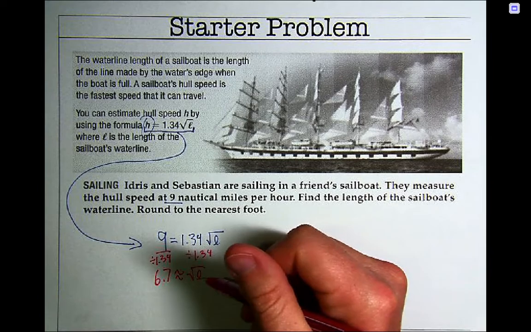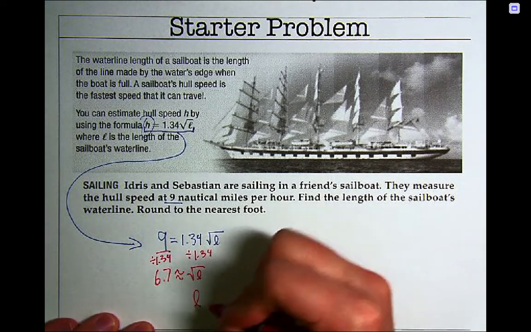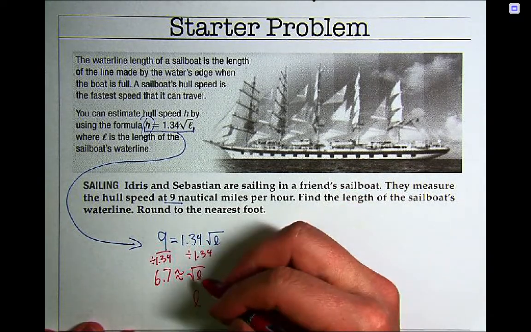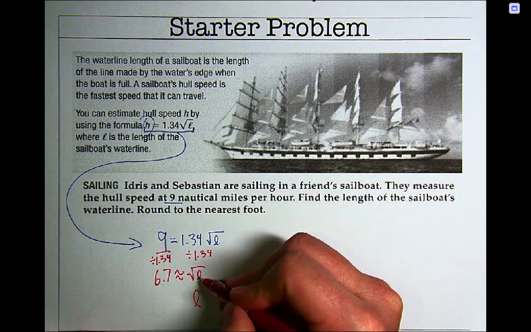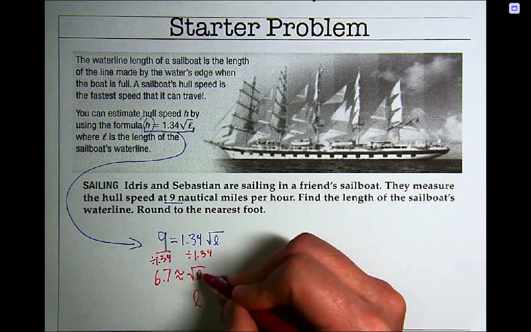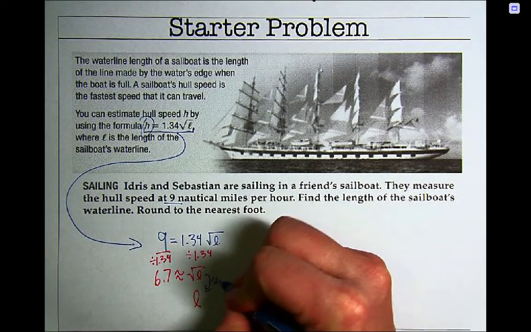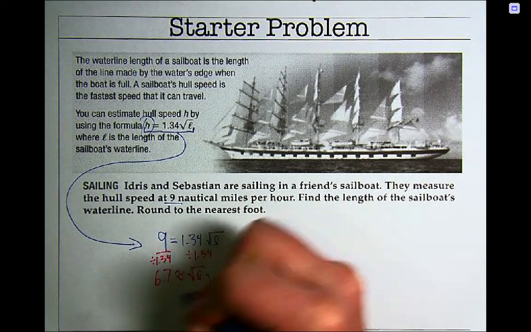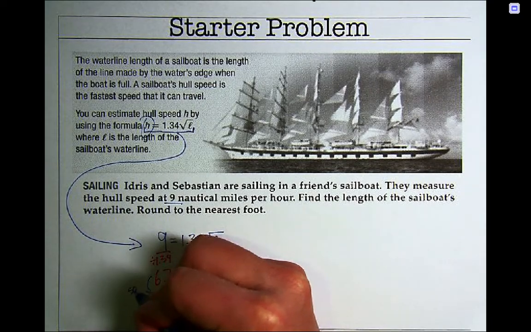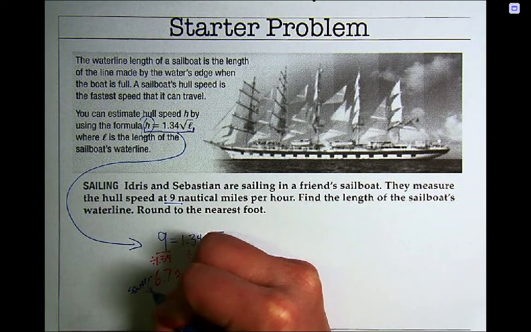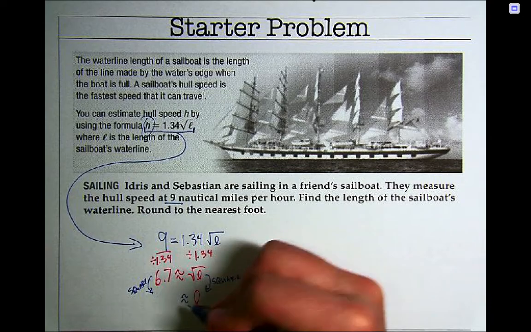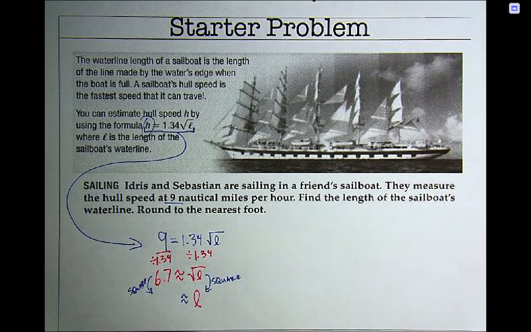So what would I need to do to find L itself? Well, if the unsquare of this is that, then wouldn't I have to square both sides, basically, to find my answer? It'll be an approximation because of that approximation there.